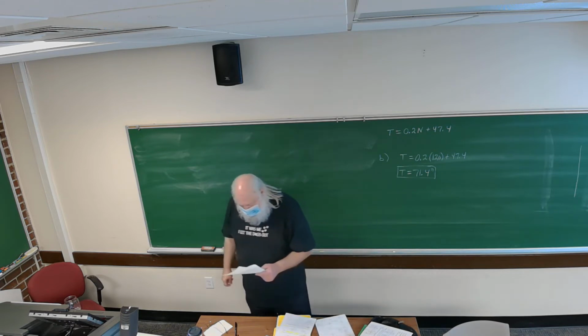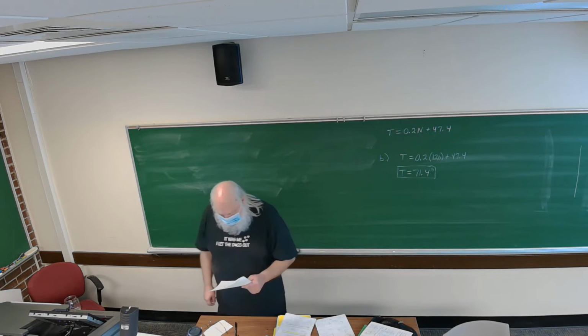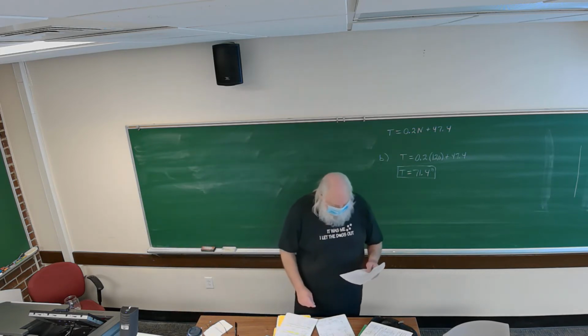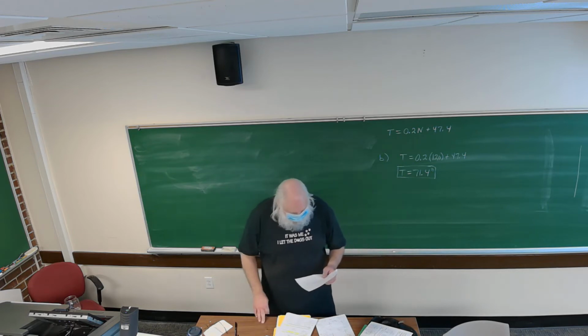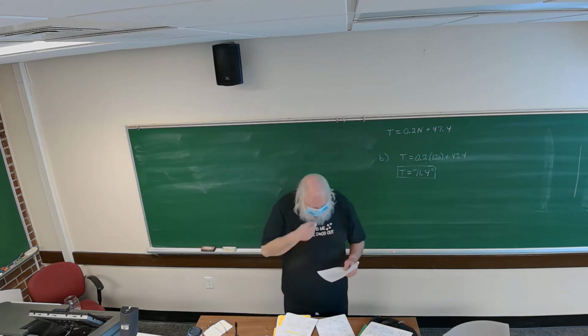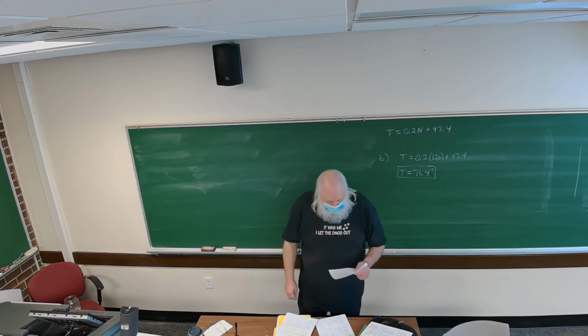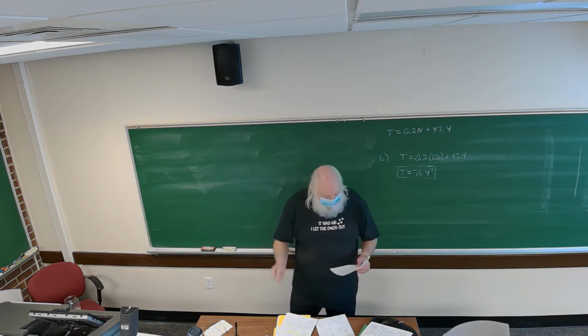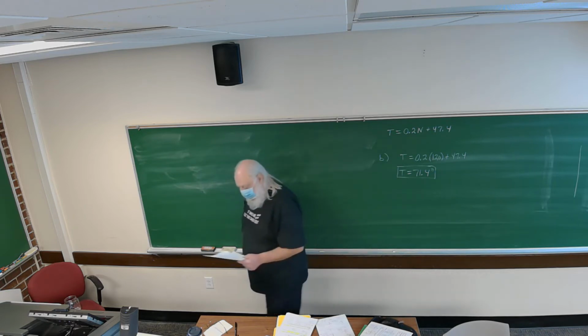Assuming that the relationship between cost and the number of chairs produced is linear, right? So this is where we have a linear function. Find a function that expresses the cost of the chairs as a function of the number of chairs produced, okay?